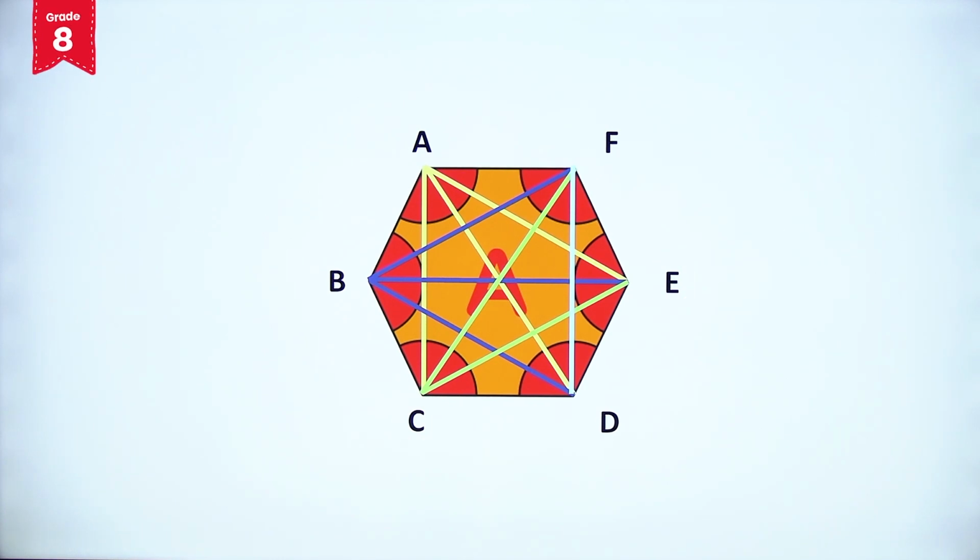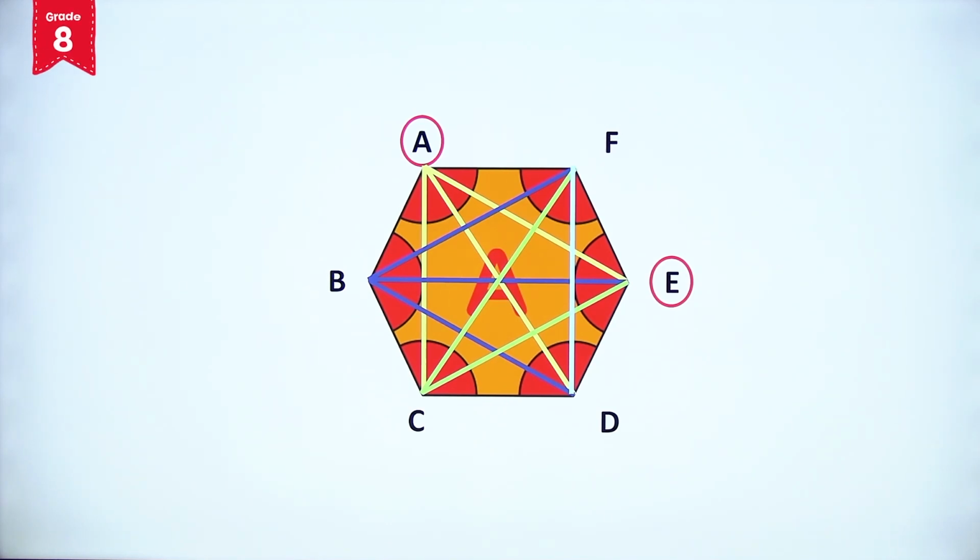Now let's move to vertex E. Its adjacent vertices are F and D. Note that from vertex E, we have already drawn the diagonals EC, EB and EA. Similarly, look at vertex F. Its adjacent vertices are A and E. From vertex F, we have already drawn the diagonals FB, FC and FD.